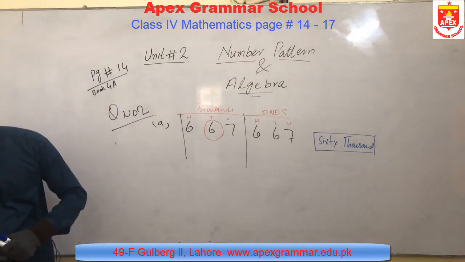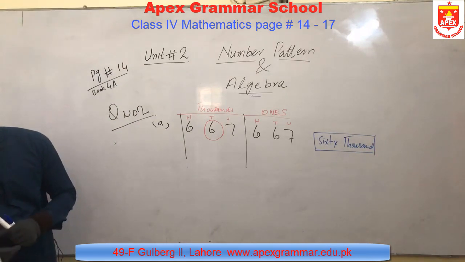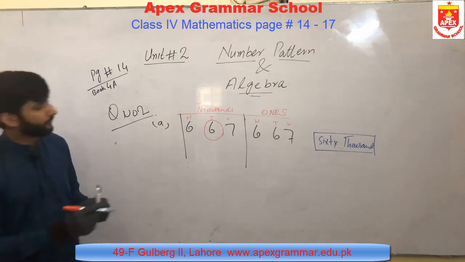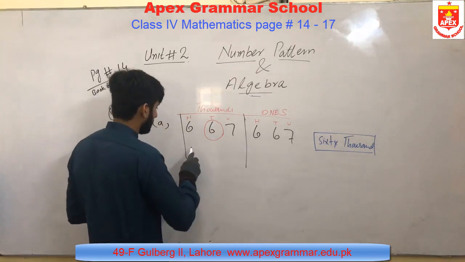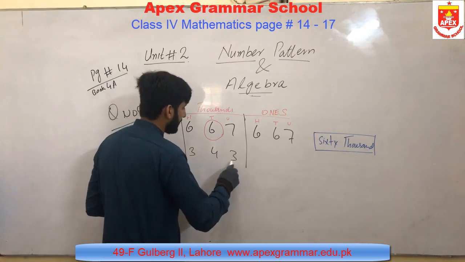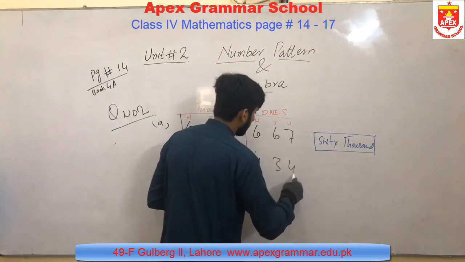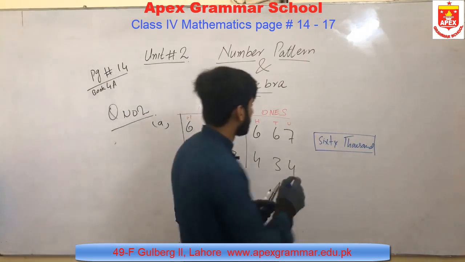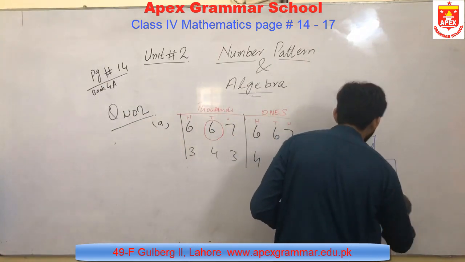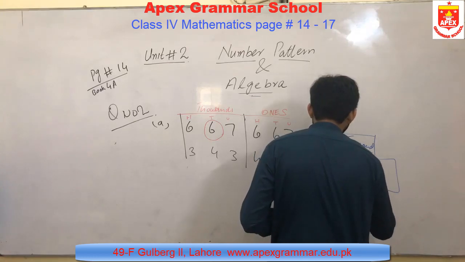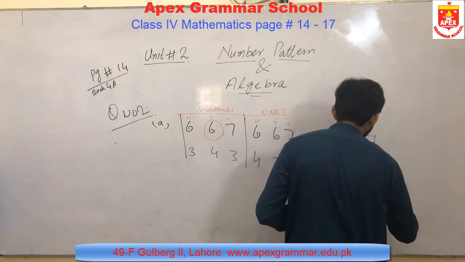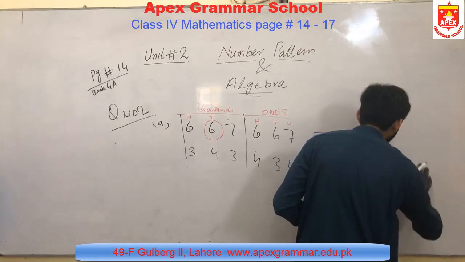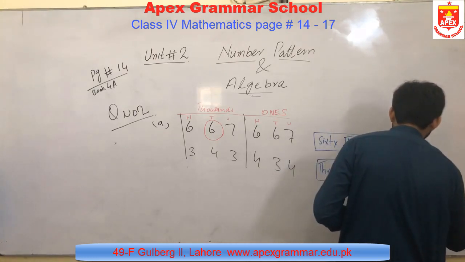Next, B part is 343,434. The number written in the block is 300,000.